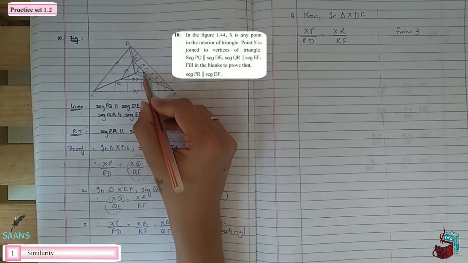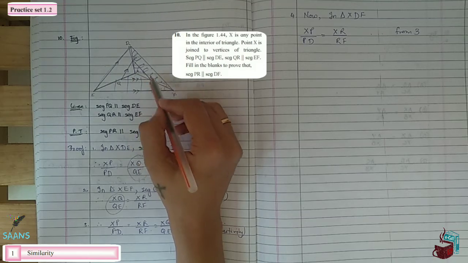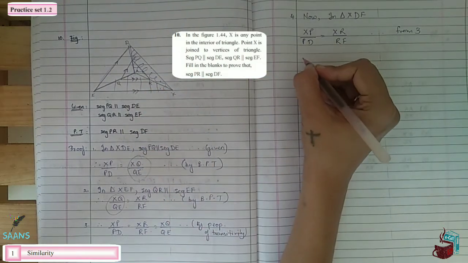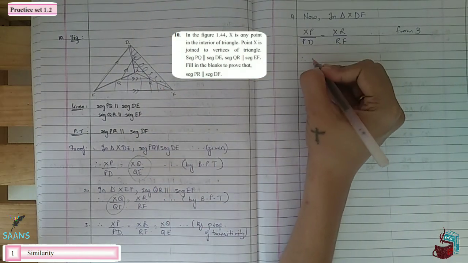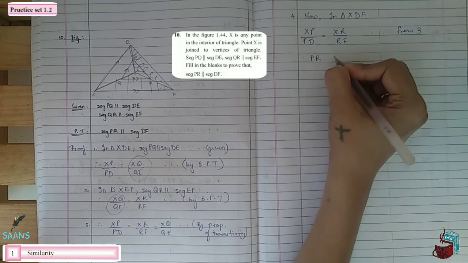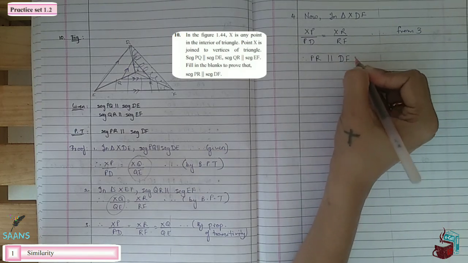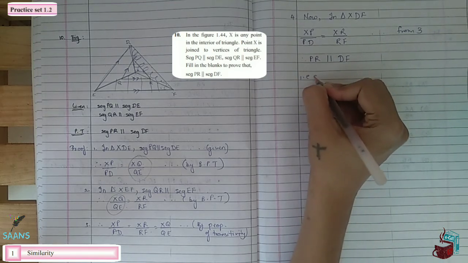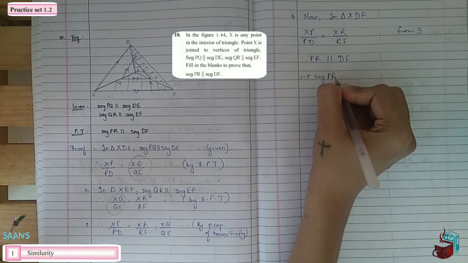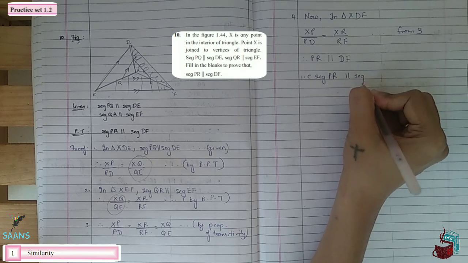The sides are in proportion, so the lines are parallel, by the converse. Therefore, by the converse of the basic proportionality theorem, segment PR is parallel to segment DF.